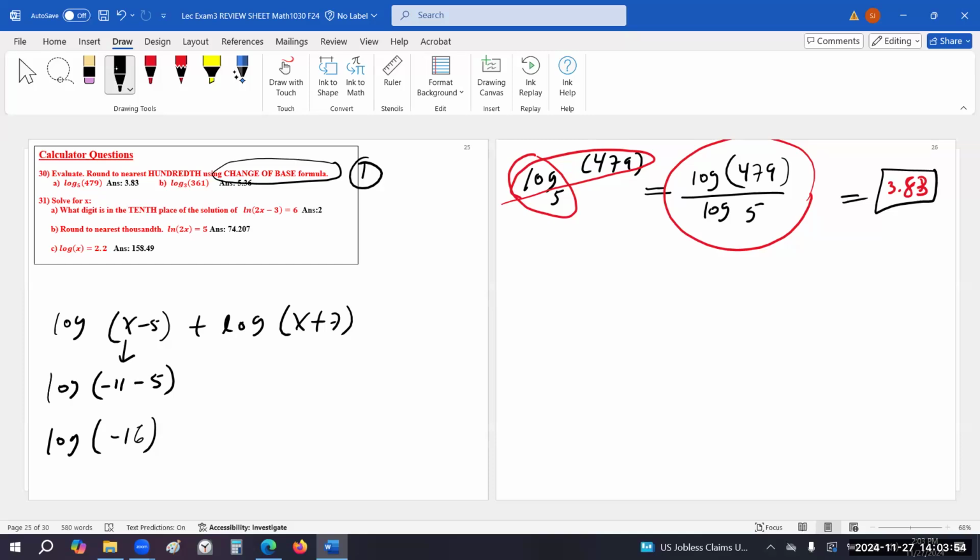Next, we have solving an ln problem. ln of 2x minus 3 equals 6. We need to get rid of ln. What do you do? What's the opposite of ln? E. So we apply e on the base. We don't multiply, we apply it on the base.